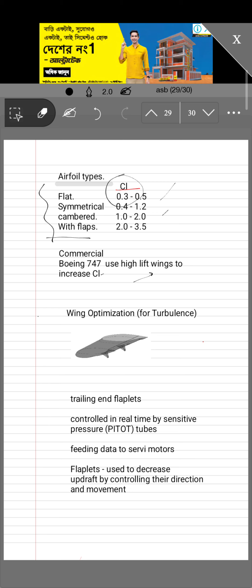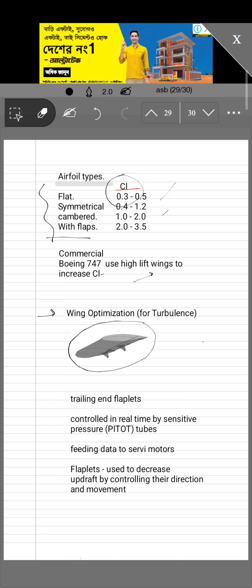Now, for the wing optimization for turbulence, this is the shape of the airfoil that was designed through SimScale cloud computing.